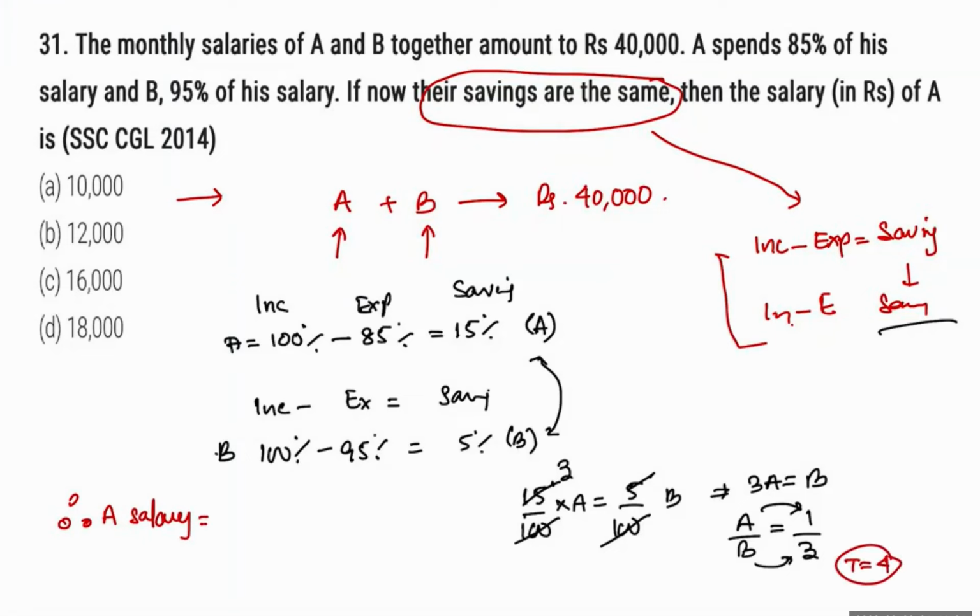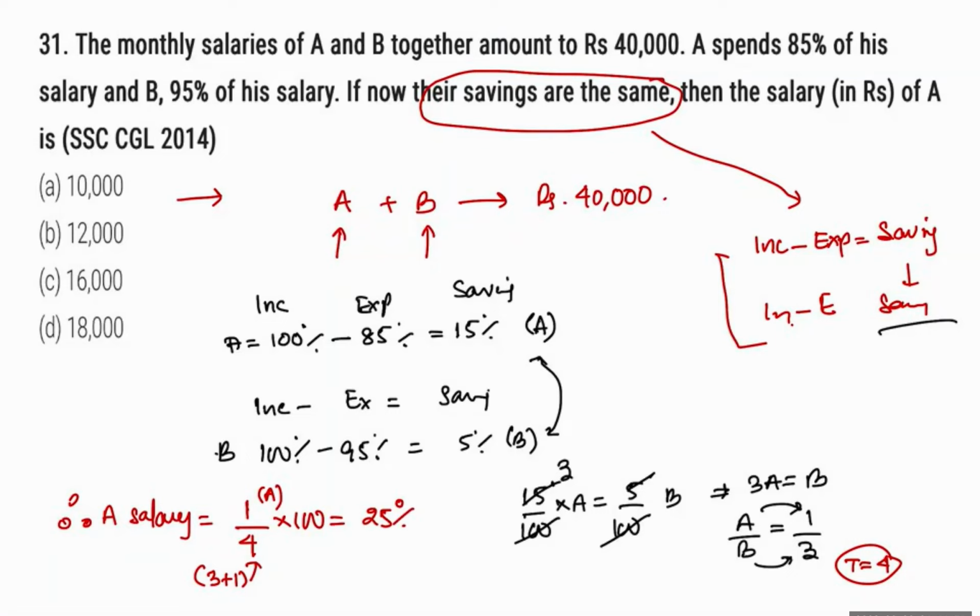For the percentage, we divide by the total. A's share is 1 and B's is 3, so the total is 3 plus 1, which is 4. A's salary is 1 by 4 into 100%, which is 25%.